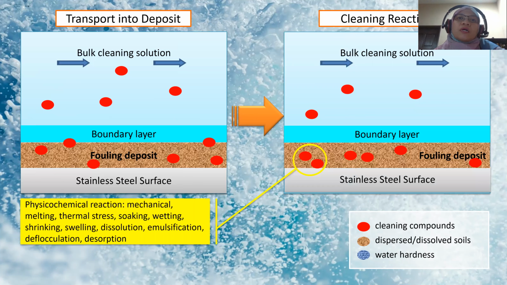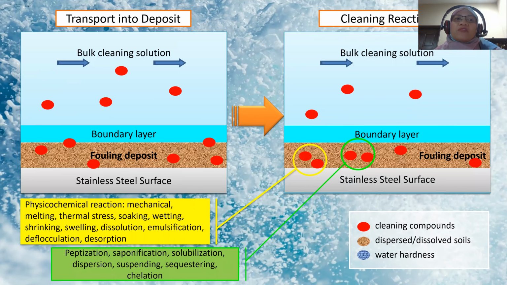Physical-chemical reaction involves mechanical action, melting, thermal stress, soaking, wetting, shrinking, swelling, dissolution, emulsification, deflocculation, and desorption. While chemical reaction might involve peptidization, saponification, solubilization, dispersion, suspending, sequestering, and chelation.